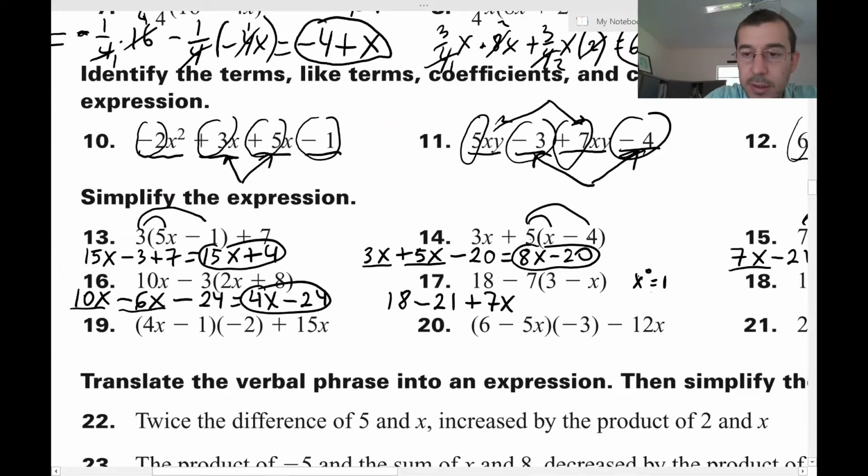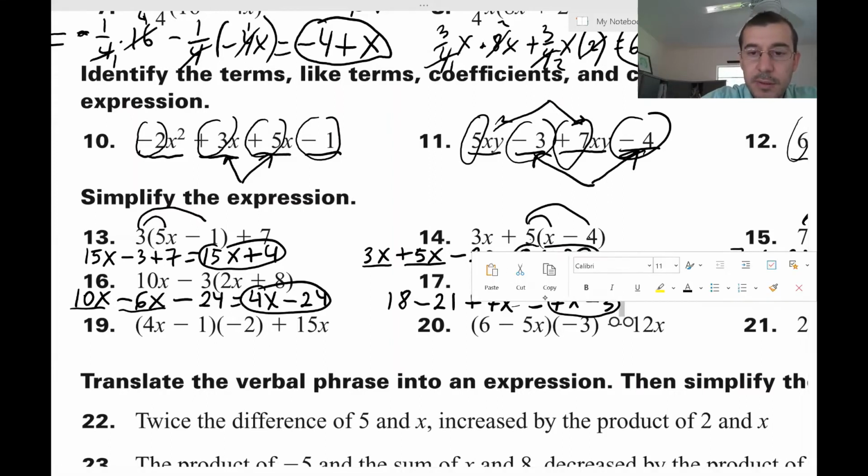So x to the 0 times x is just x. So here we have just 7x. So 7x, and then 18 minus 21. 21 is greater than 18, so the sign will be minus because we're adding up two numbers, and the negative number is greater. And then 21 minus 18 is 3. So 7x minus 3 is the answer.